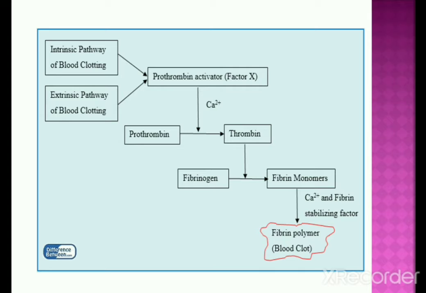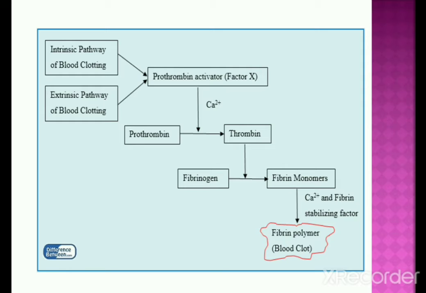When injury occurs, the vessel wall constricts, causing reduced blood flow to the site of injury. Then the platelet plugs: platelets aggregate at the site of injury and stick together, acting as a plug. Then the third process is secondary hemostasis.